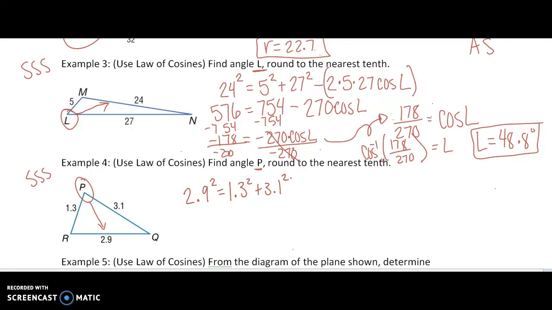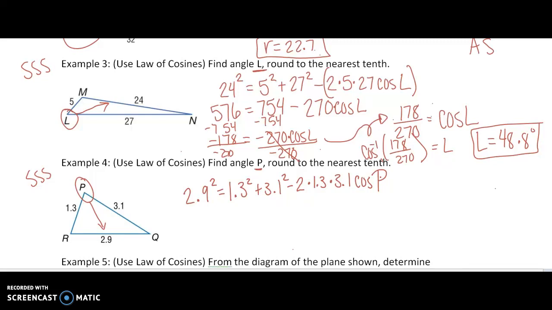So one of the sides squared plus the other side squared, minus 2 times the 2 sides that form angle P. So 1.3 times 3.1. If you want to use parentheses here for multiplication, you can as well. Times the cosine of my angle, and the angle I am solving for is angle P.